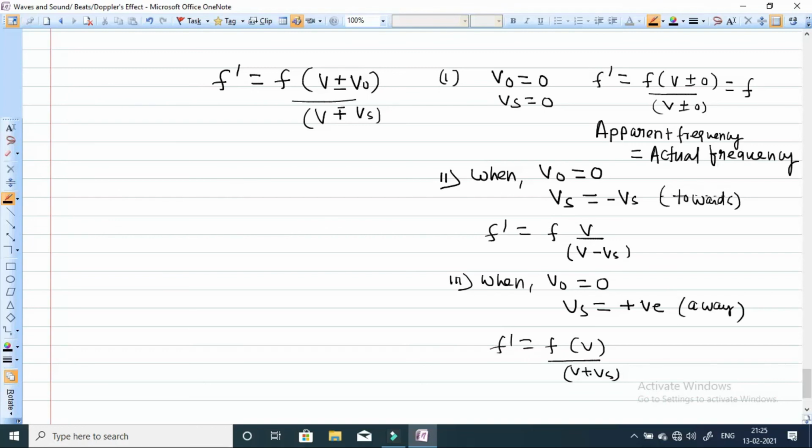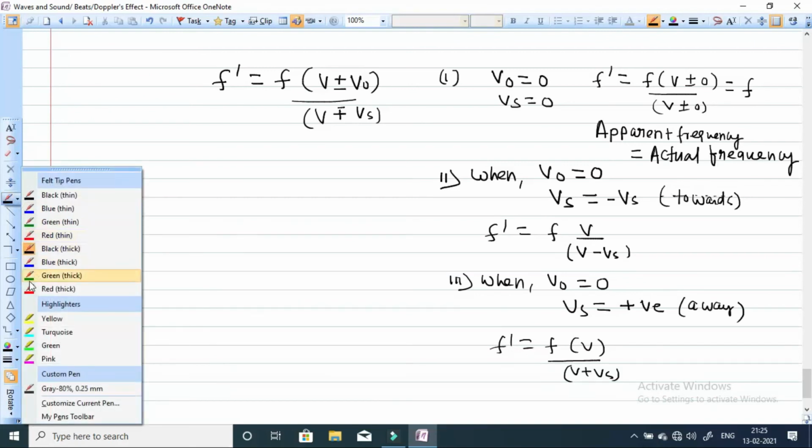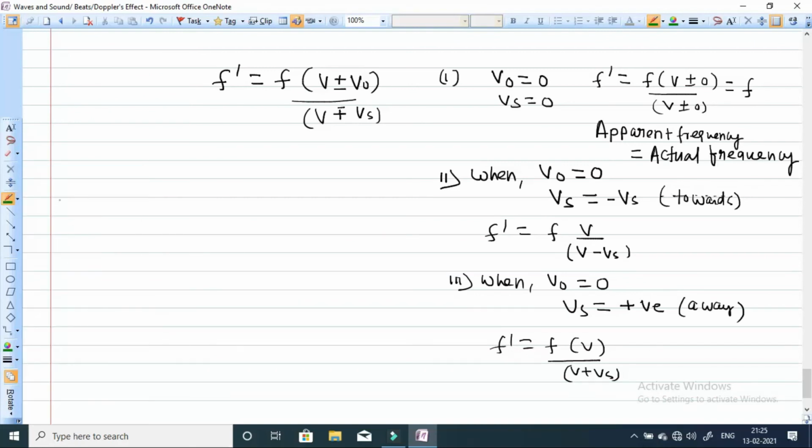Now if we consider the wind effect in sound, then we can take another term also. If wind is blowing along the direction of the wave emitted by the source, then the actual speed of the wave will become v plus vw.